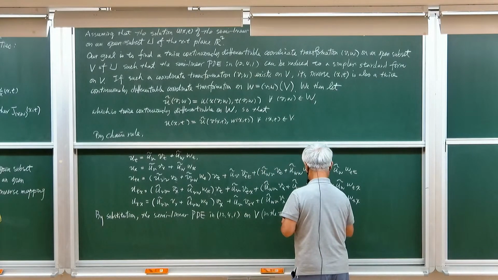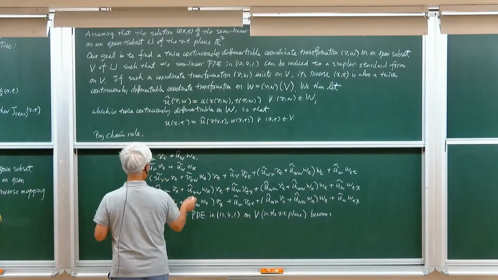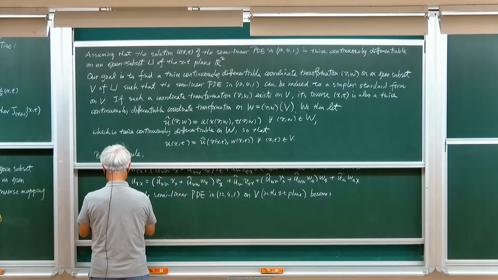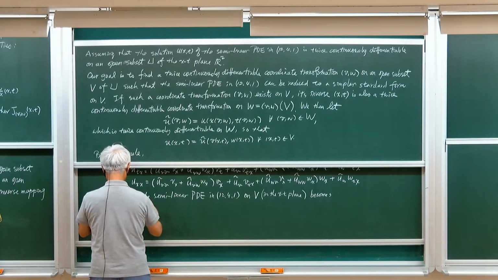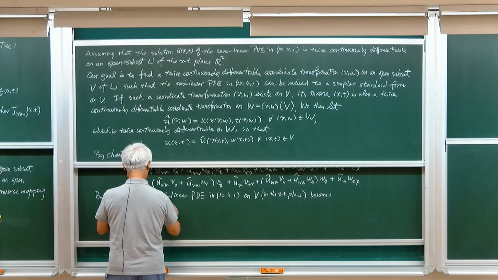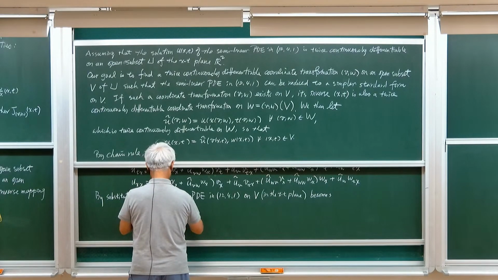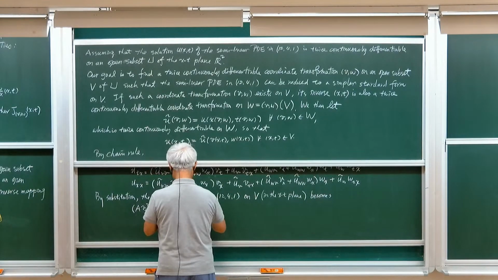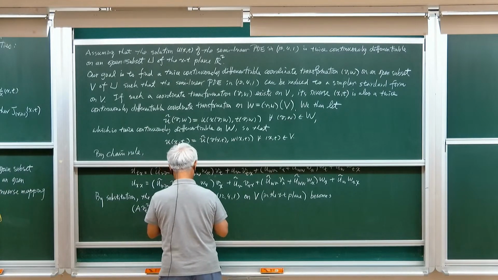Becomes A Vt square plus B Vt and Vx plus C Vx square and U tilde VV.